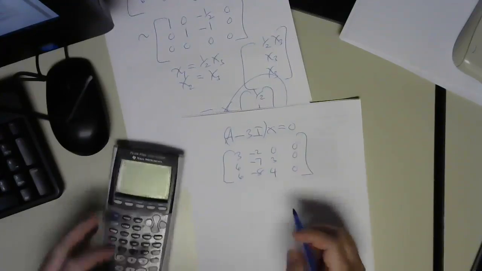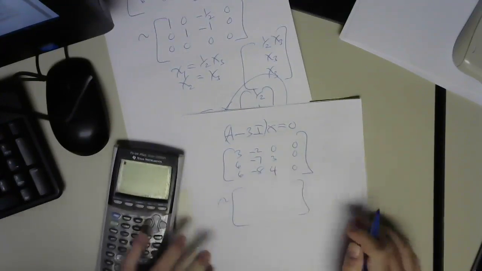Try to keep these guys in order. Once again, calculator to put it in reduced row echelon form.